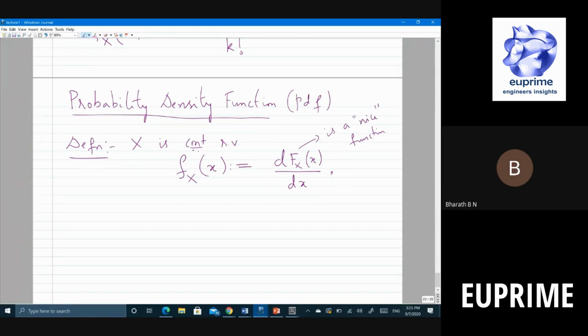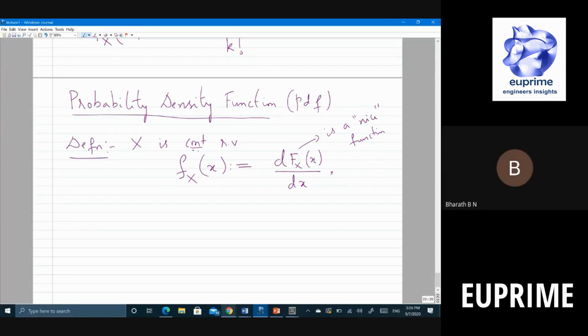Do you agree? Yes, sir. So if the CDF is differentiable, that means it is continuous from both right and left. It has to be, for sure. But that doesn't guarantee differentiability. At least it should be continuous, otherwise this does not make sense. Then the statement that the CDF is right continuous; sir, it should also be told that it is left continuous.